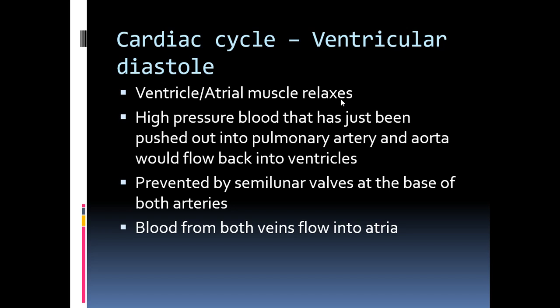But whenever the ventricles relax, gravity will pull blood back to the ventricles. But like I said just now, blood will not be able to return to the ventricles because of the presence of the two semilunar valves located at the base of the pulmonary artery and the aorta.